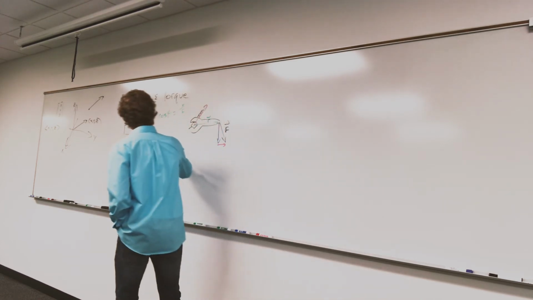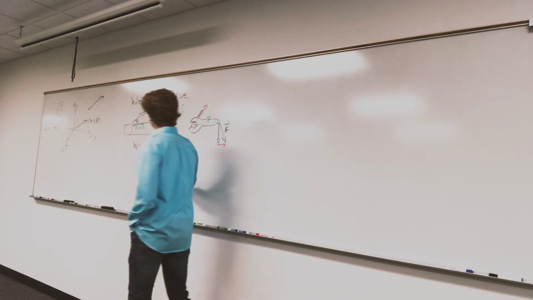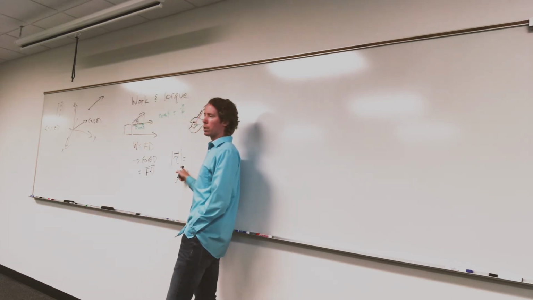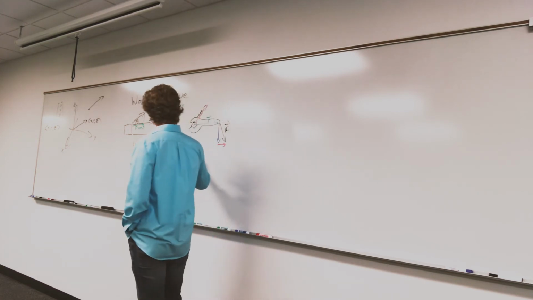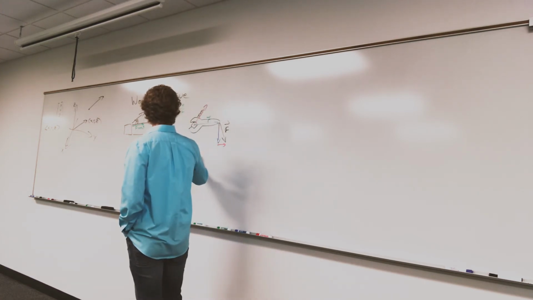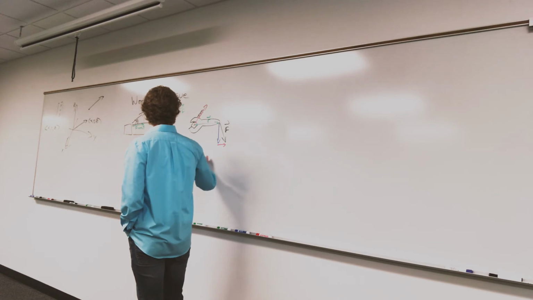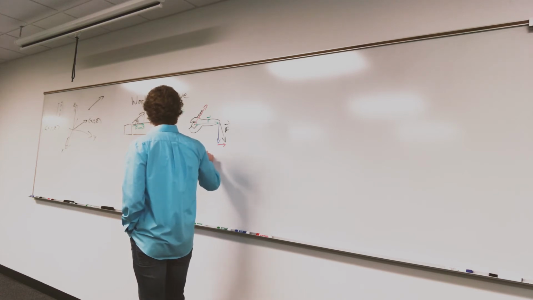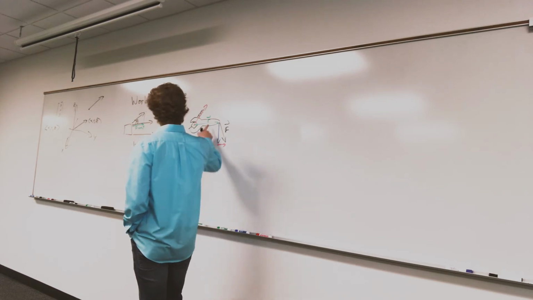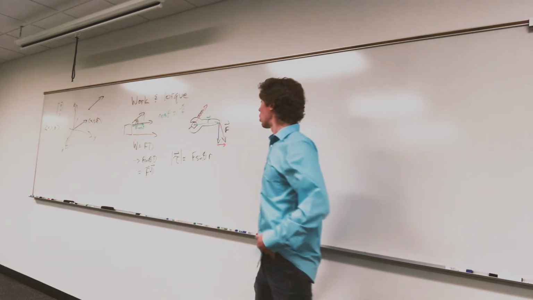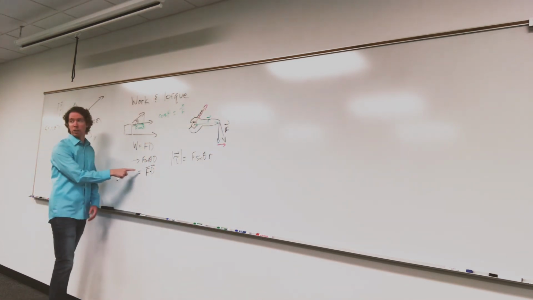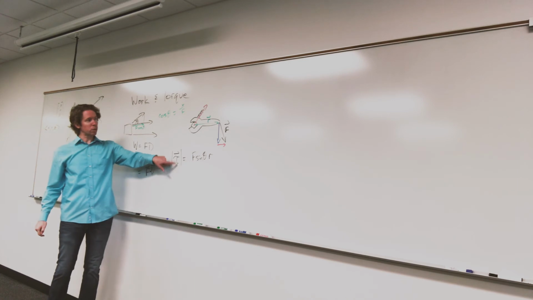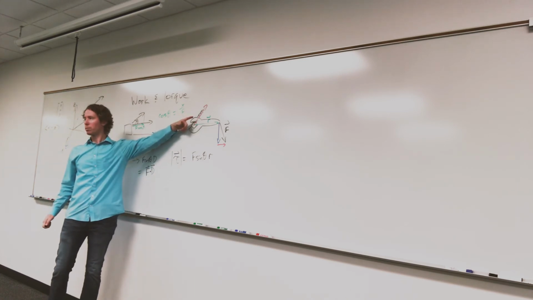So I'm going to say the magnitude of this, I'll use vertical bars like absolute value to say this is the length of the vector. The length of that is going to be f times sine theta times r, where r is the length of this guy. So the length of this is very similar to this other product, but this one is a vector. It also gives me a direction.